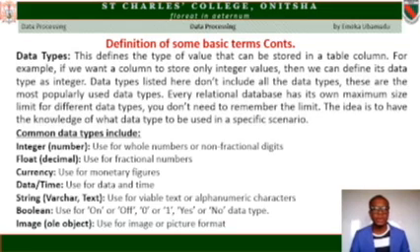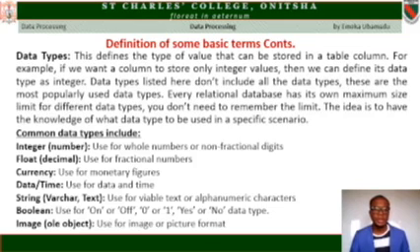These are the most popularly used data types. Every relational database has its own maximum size limit for different data types. You do not need to remember the limit. The idea is to have the knowledge of what data type to be used in a specific scenario.